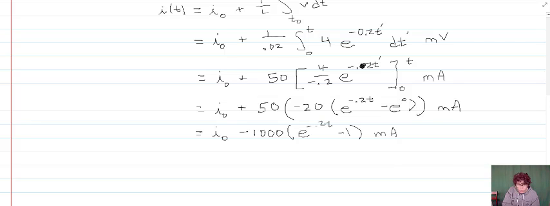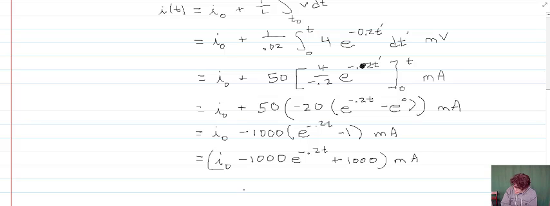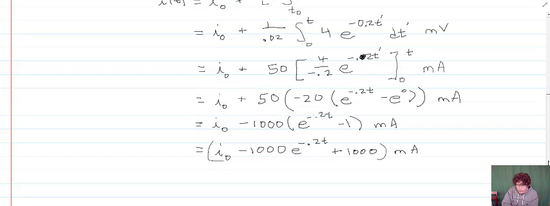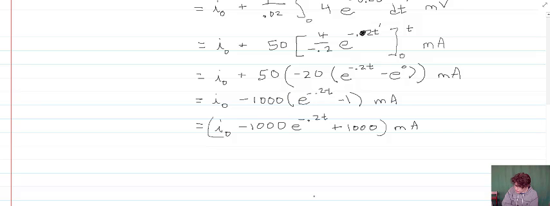And then I'll go ahead and distribute this minus 1,000. So I get I naught minus 1,000 e to the negative 0.2t plus 1,000 milliamps. And if I multiply through by this 1,000th here, then I can change I naught now.